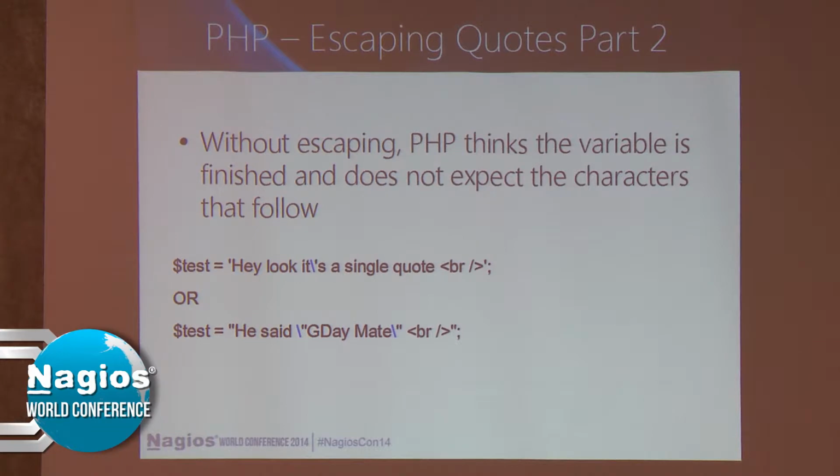So there's some Australianism for you. Or maybe it's just me. Regardless of whether it's single or double quotes, this variable is defined with double quotes. So when I have these double quotes, because I wanted to actually show "G'day mate" in the line, I have to escape those out.